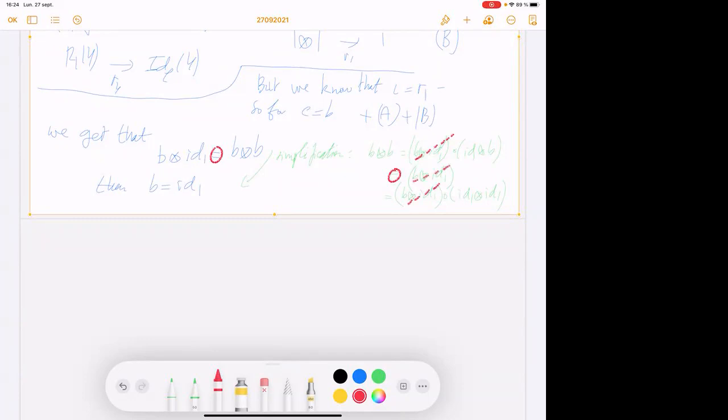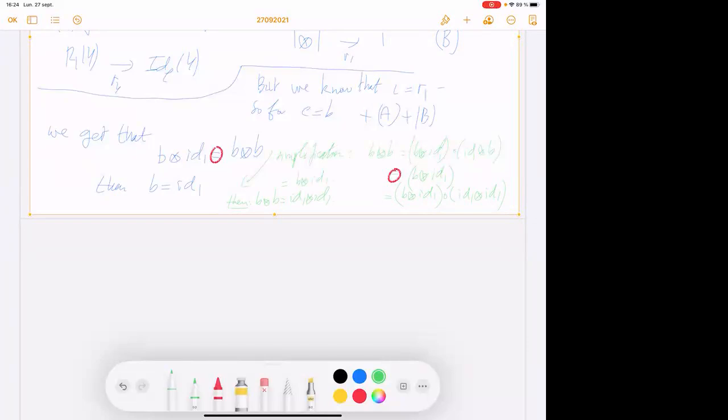So what we get then, B tensor B equal ID1 tensor ID1. And it is also equal to B tensor ID1.